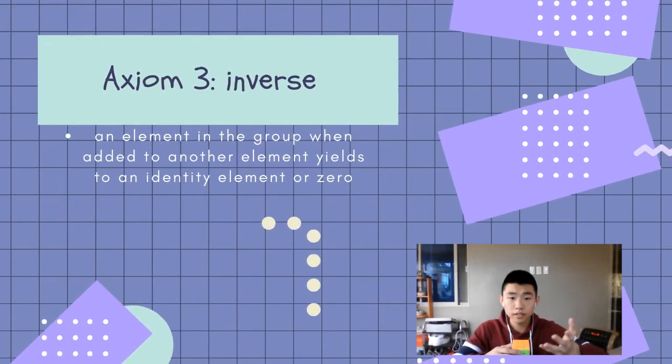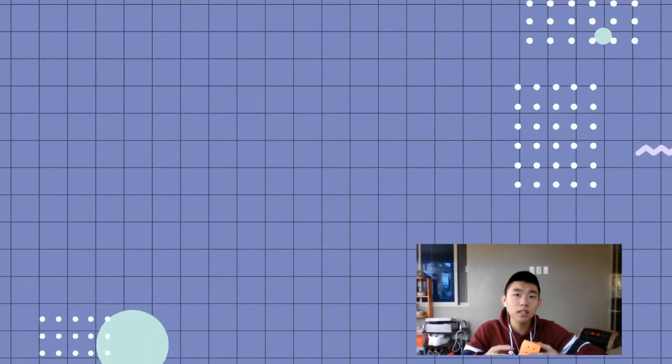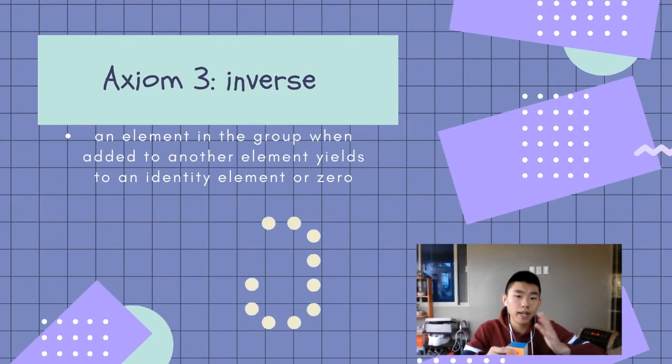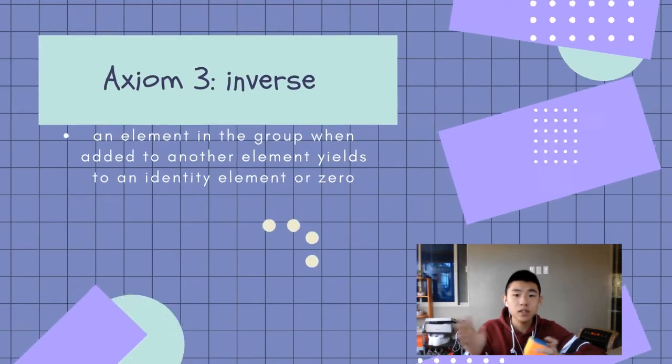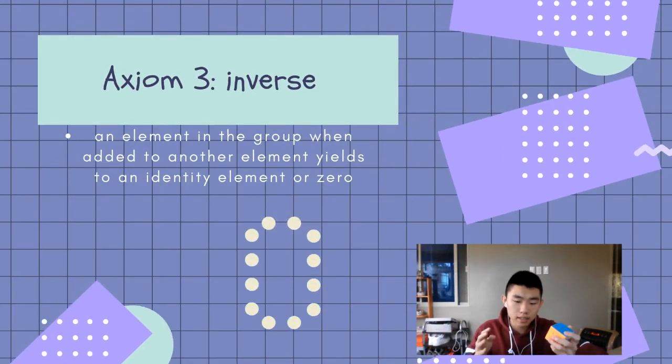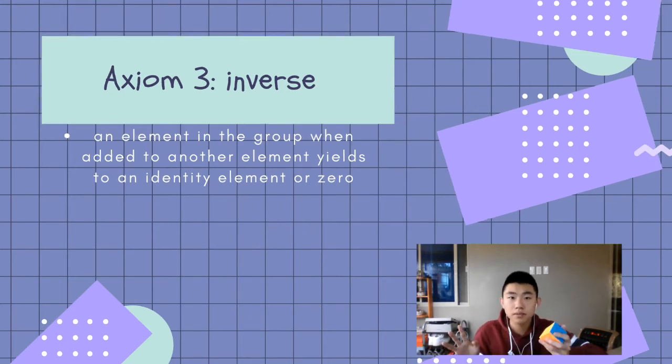On the other hand, axiom 3, or the inverse axiom, is like an element in the group that, when added to another element, yields the identity element, or simply 0. It's like this element cancels out other elements.